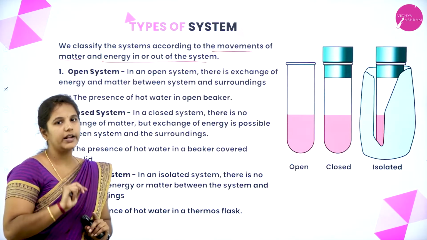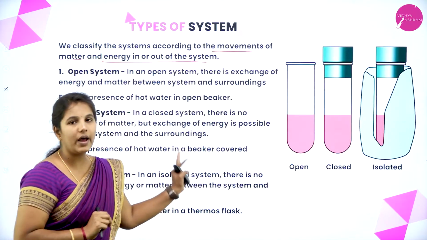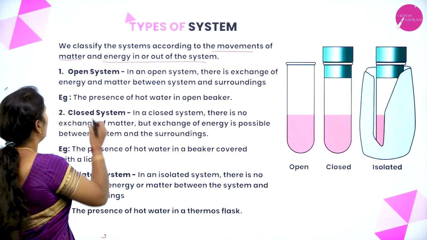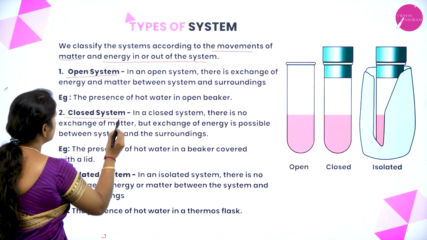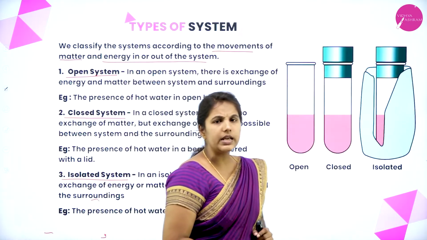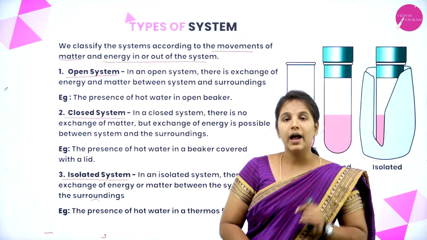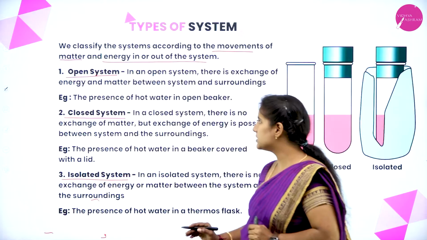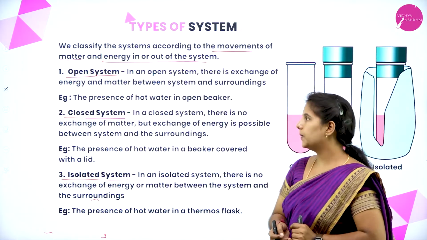Based on these two criteria, we can classify the system into three types: open system, closed system, and isolated system. We'll see what the open system, the closed system, and the isolated system are. First, I'll go with the open system.